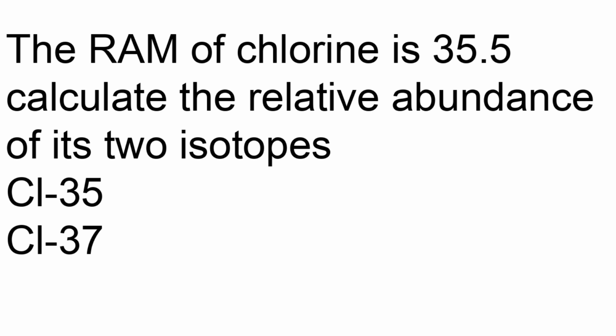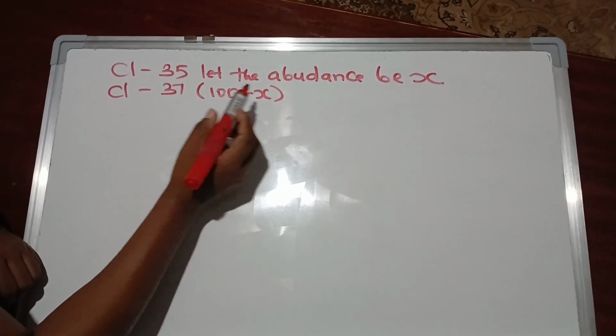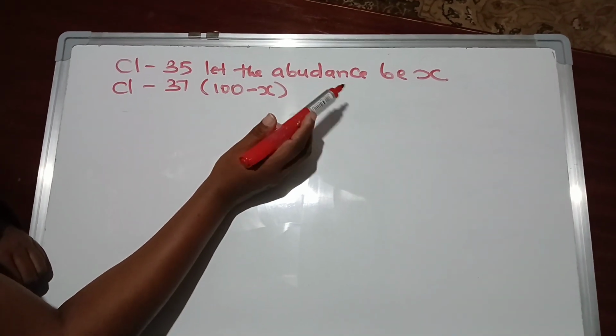Now, the RAM of chlorine is 35.5. Calculate the relative abundances of its isotopes, chlorine-35 and chlorine-37. Now this involves working backwards, and this is how we do it. Let the abundance of chlorine-35 be x.